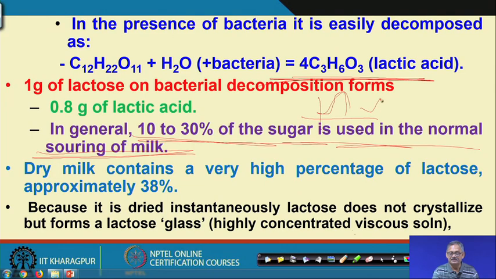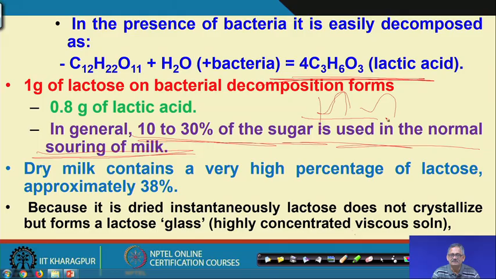So, there is a lag period and then growth period, and then it is the decay period. So, that growth curve we will see. Here 10 to 30% maximum is utilized normally for souring of the milk, that is conversion of lactose to lactic acid.